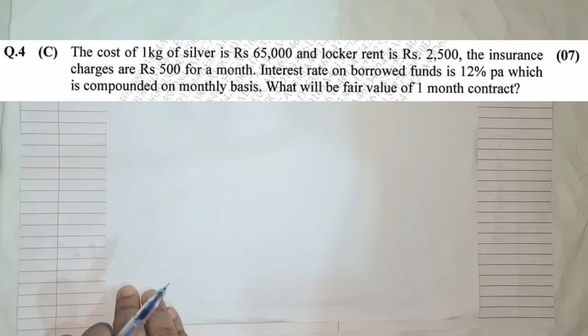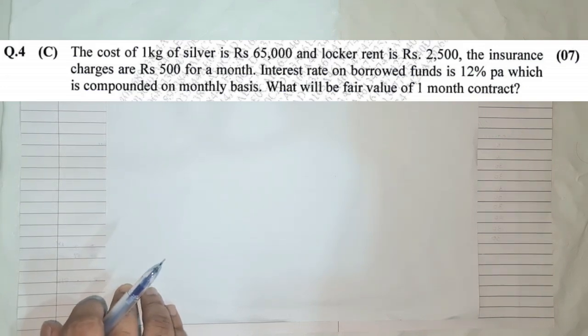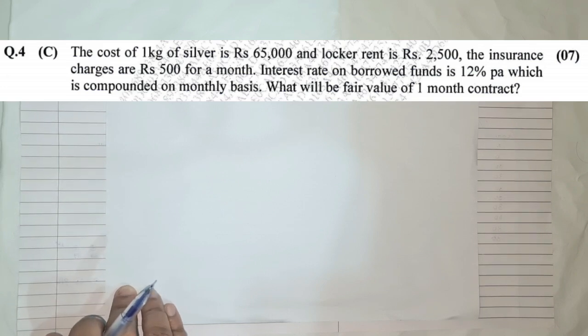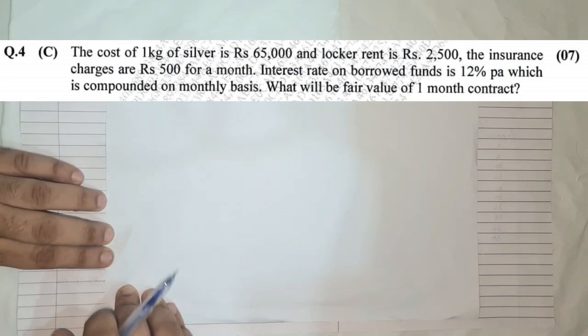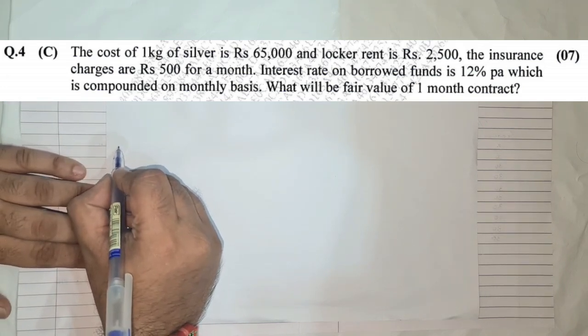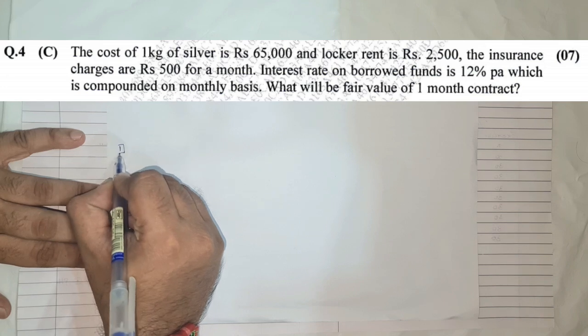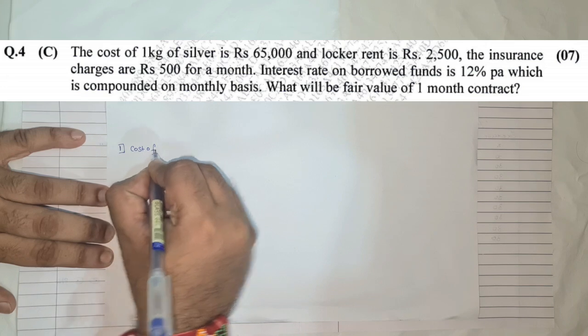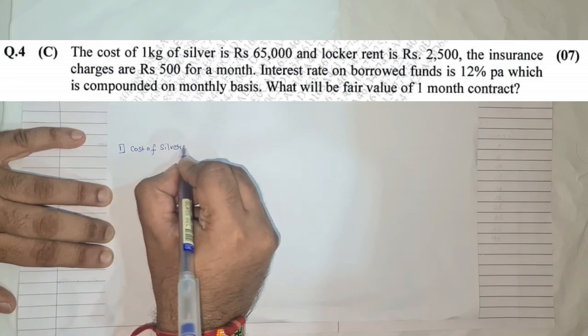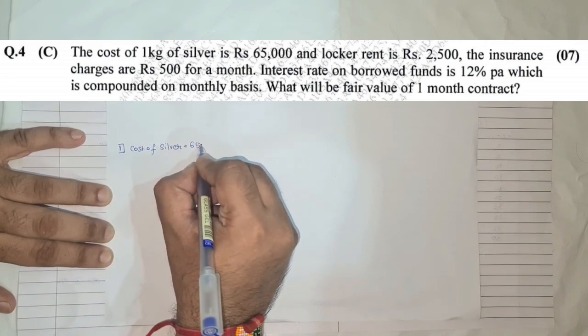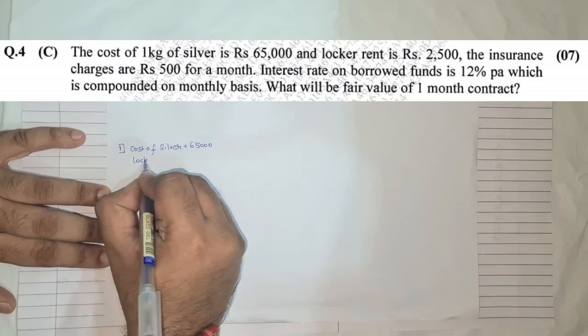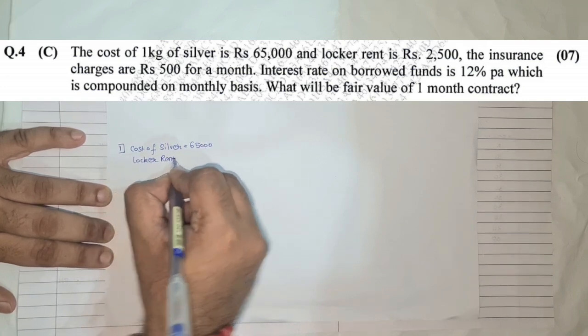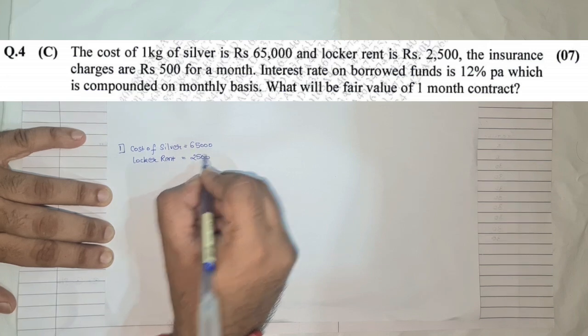Okay, now when such kind of question is given, we'll first note down all the things that they have given us. Number one, they are giving you the cost of silver, which is 65,000. We have locker rent, which is 2,500.